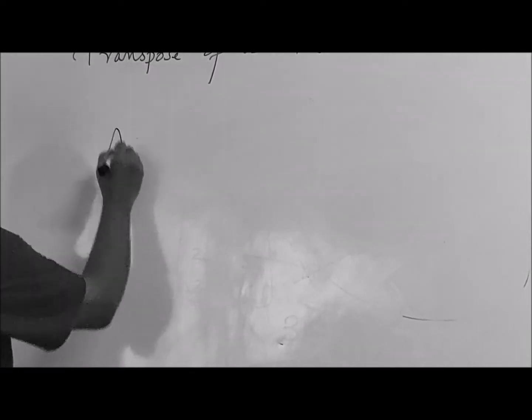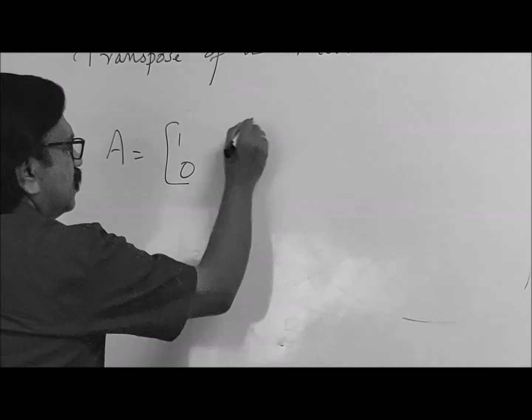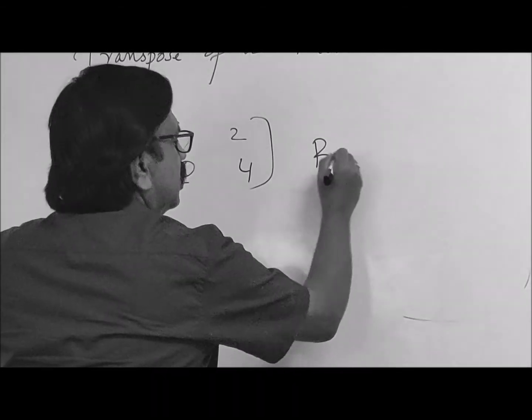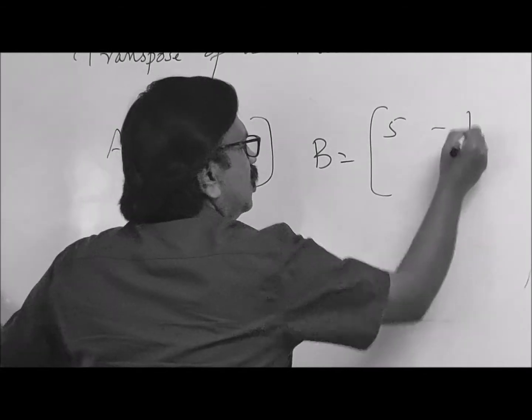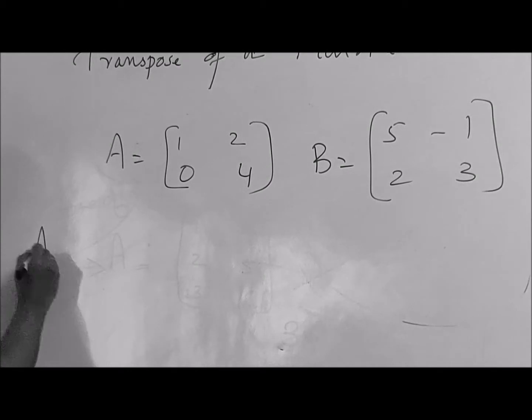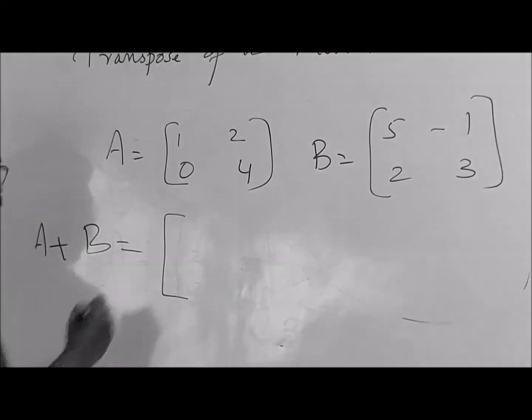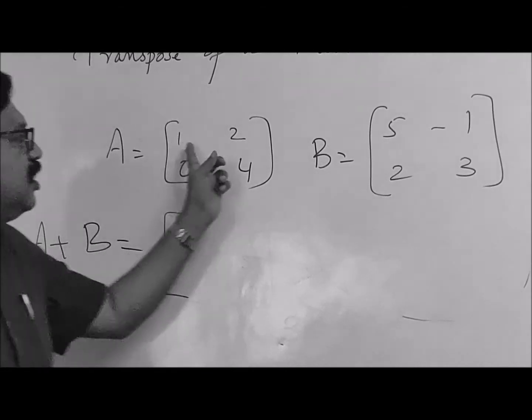Suppose A is the matrix 1, 2, 0, 4. And B is the matrix 5, minus 1, 2, 3. Then what is A plus B? A plus B is obtained by adding the corresponding elements.